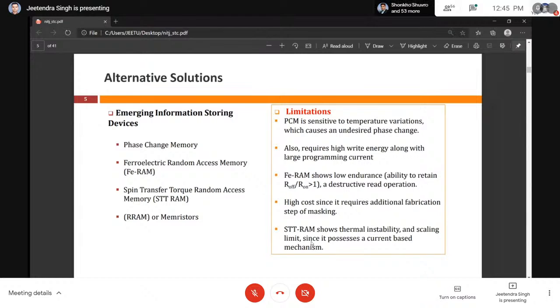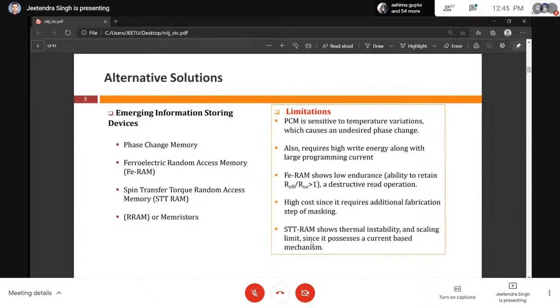In ferroelectric materials, what happens when we apply a voltage across it? The dipoles are polarized, oriented. If they are oriented in the positive direction, it is programmed as the LRS state, and when it is negative polarization, it represents the zero or high resistance state.